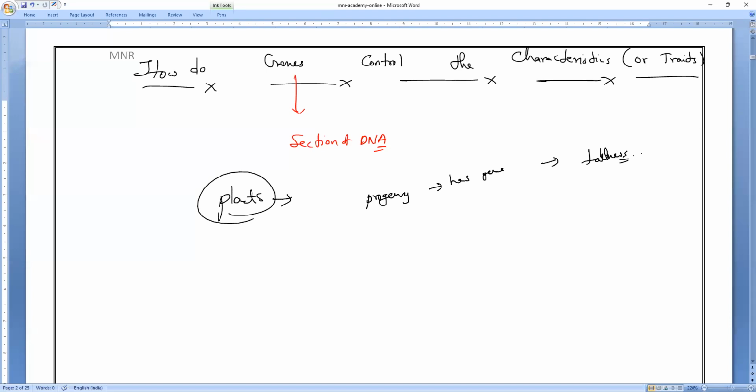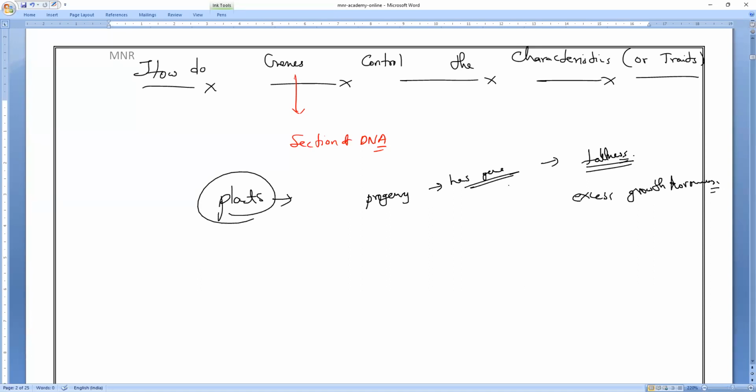So the gene received by this plant will initiate the plant cells to release more and more growth hormones. What are the plant growth hormones we studied? Excess of growth hormone, the plants will grow too much and they will become tall and tall and tall. That is how it happens.